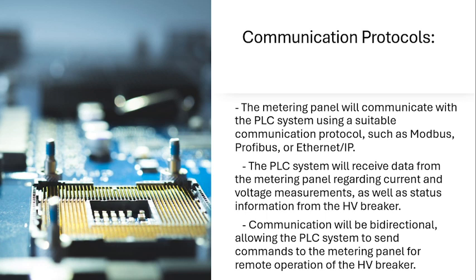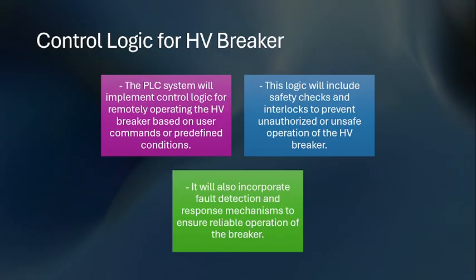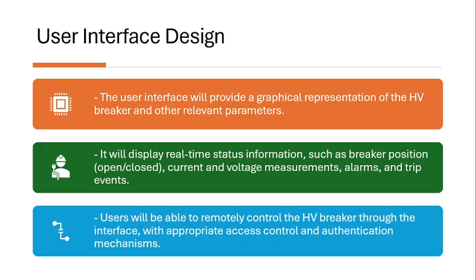Communication will be bidirectional, allowing the PLC system to send commands to the metering panel for remote operation of the HV breaker. For the control logic of the HV breakers, the PLC system will implement control logic that includes safety checks and interlocks to prevent unauthorized or unsafe operation of the HV breaker. We will also incorporate fault detection and response mechanisms to ensure reliable operation of the breaker.